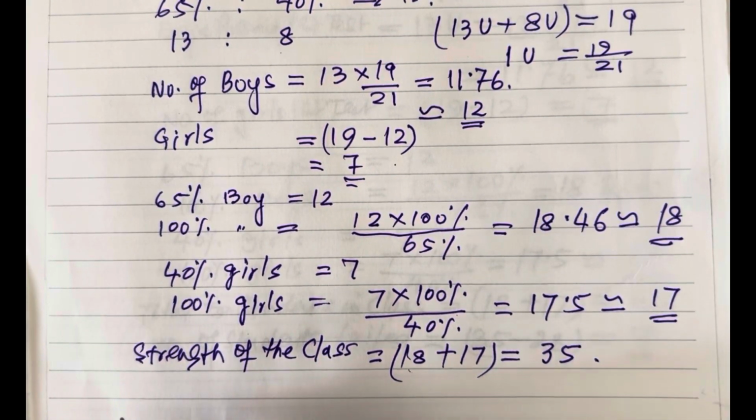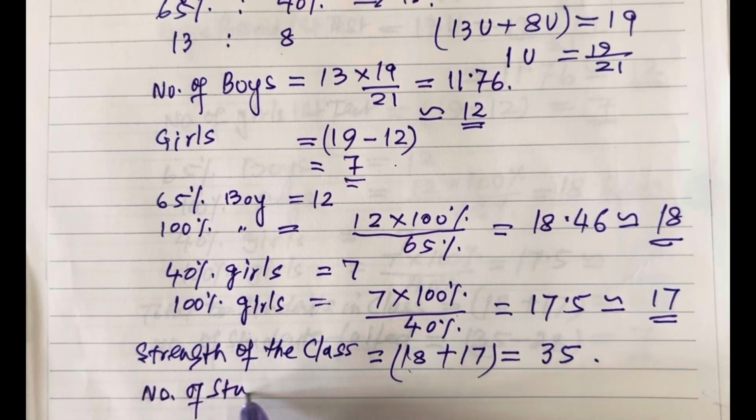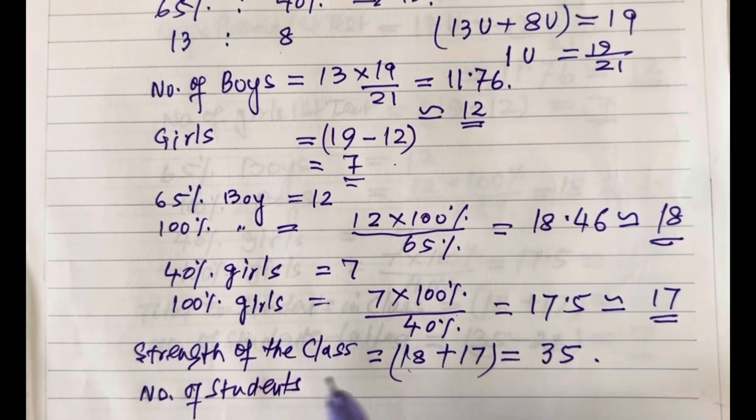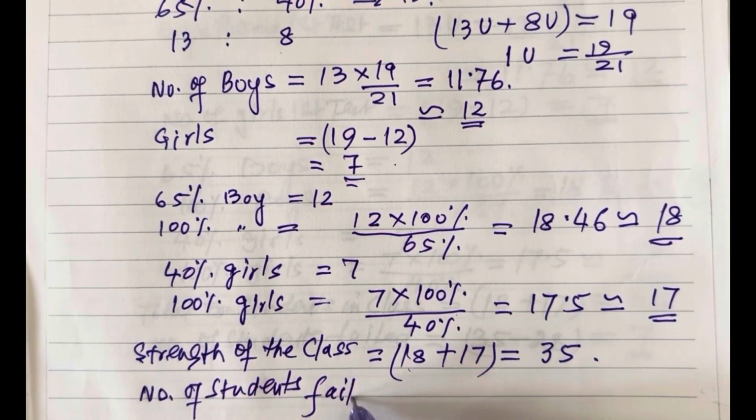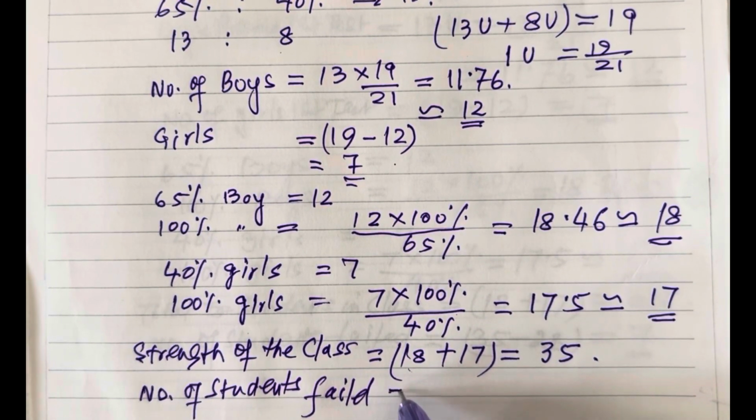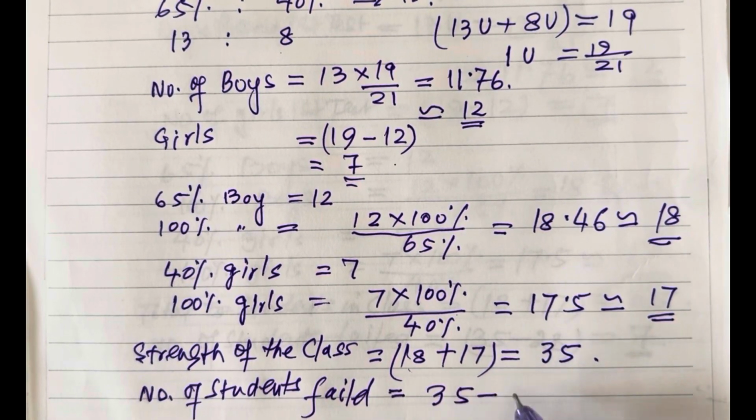So the number of students who failed would be 35 minus the number of students who passed, those are 28.